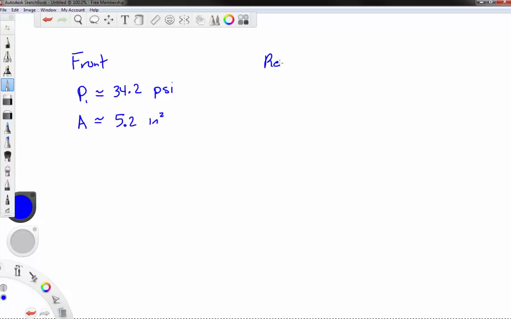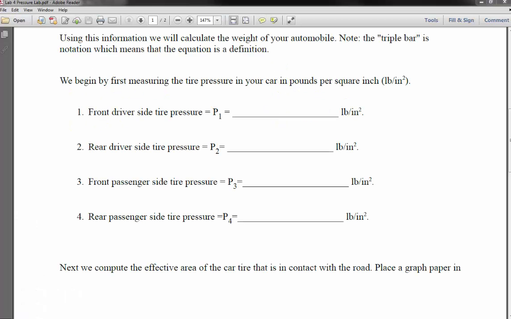And then in the rear tire I measured a pressure of about 35.9 psi, and I got an area of approximately 5.3 inches squared. So that basically is what would go in to those first couple of spaces.